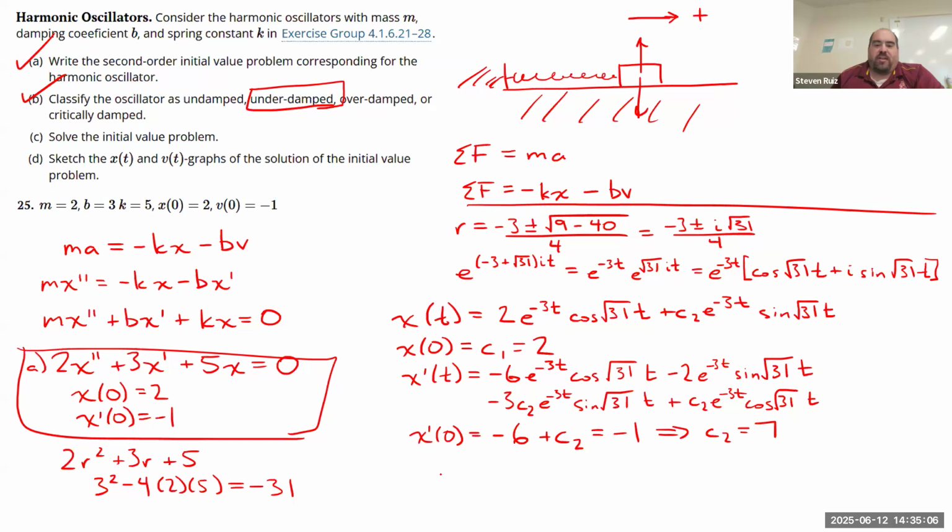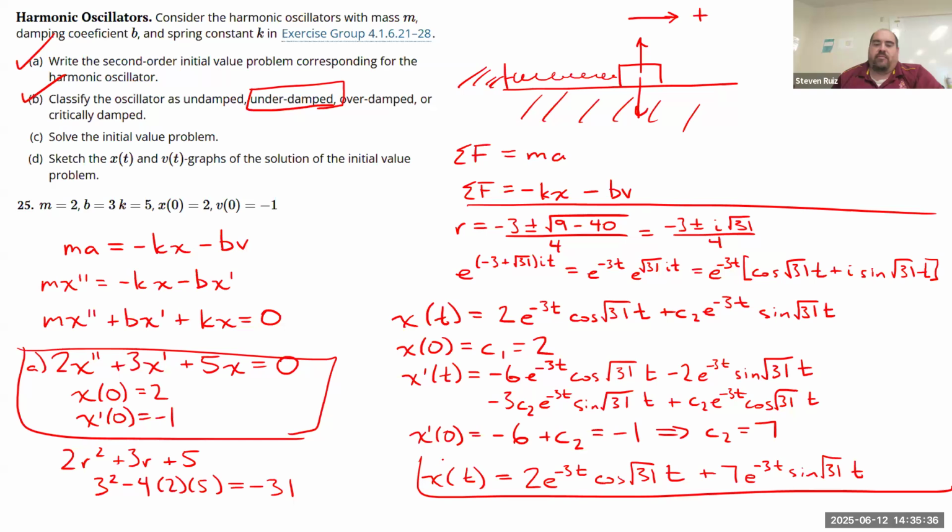So now we got our full solution. x of t equals 2e to the negative 3t cosine radical 31t plus 7e to the negative 3t sine radical 31t. All right, so that is my particular solution.